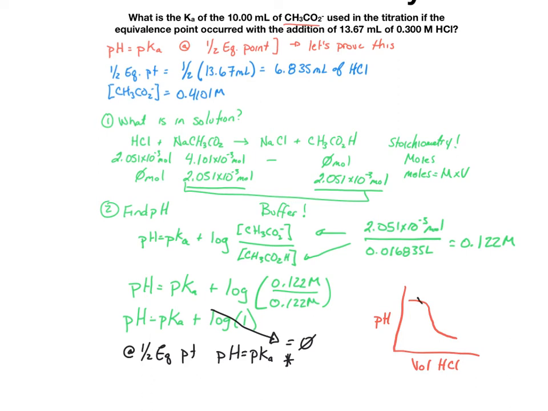We have to find the half equivalence point on the titration curve, and we read the pH off of the graph. And so we want to find, using our data, the pH at the half equivalence point. And we will then be able to know what the pKa is.